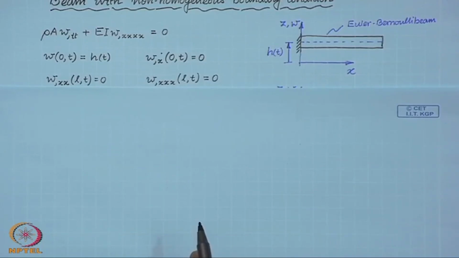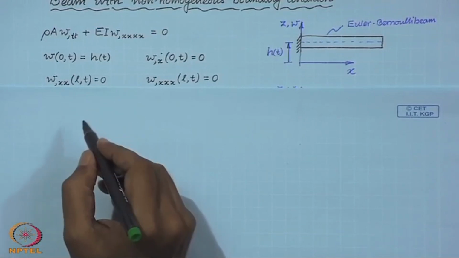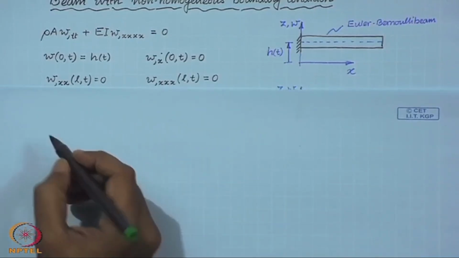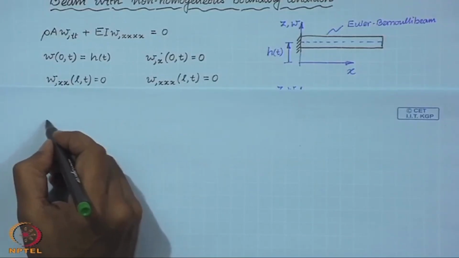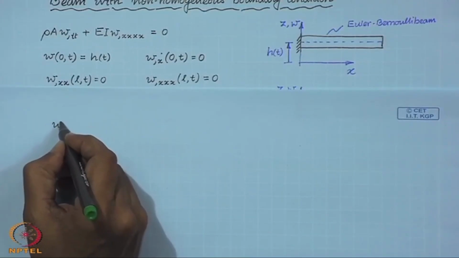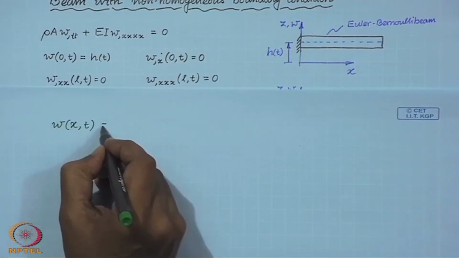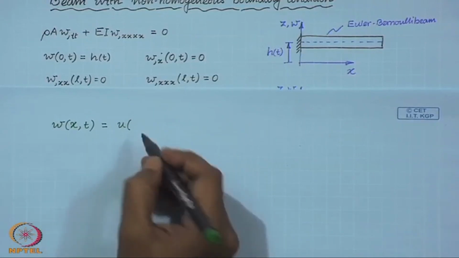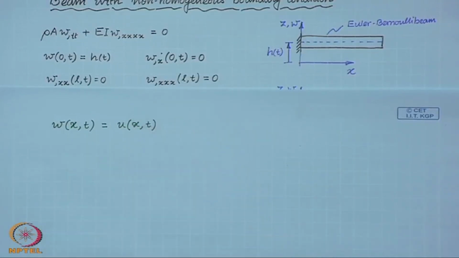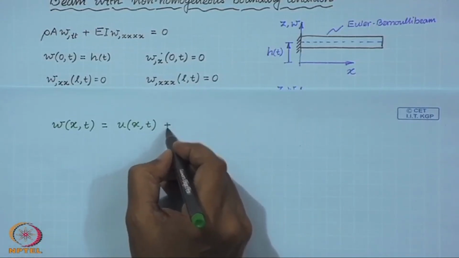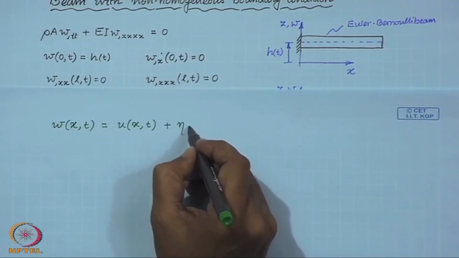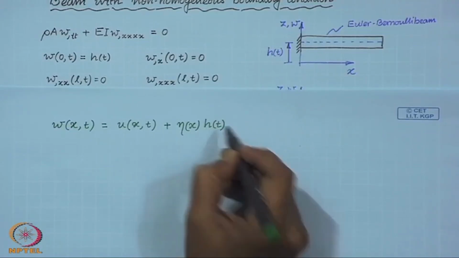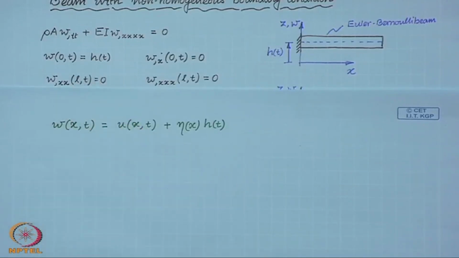So, let us say that our field variable W, we want to convert or transform to another field variable, let us say u of x comma t, plus an unknown function of x times h of t, which is this function that we have as the forcing.